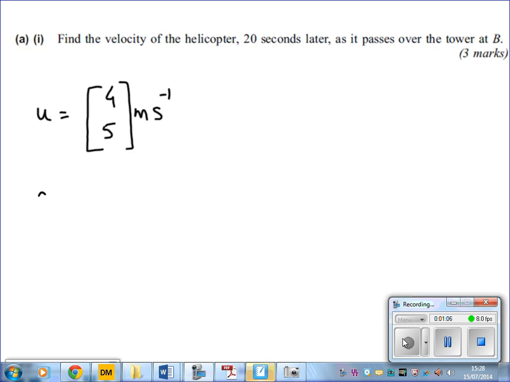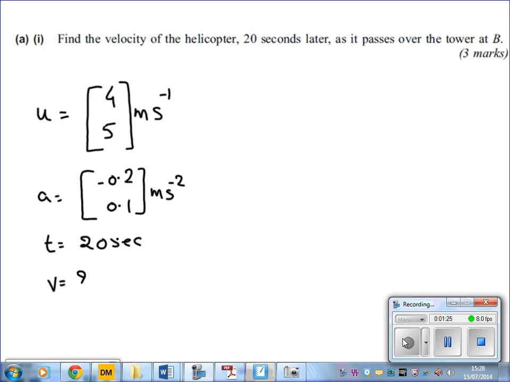We know a is (-0.2, 0.1) meters per second squared. We know t is 20 seconds. And what we need to work out is the final velocity v.